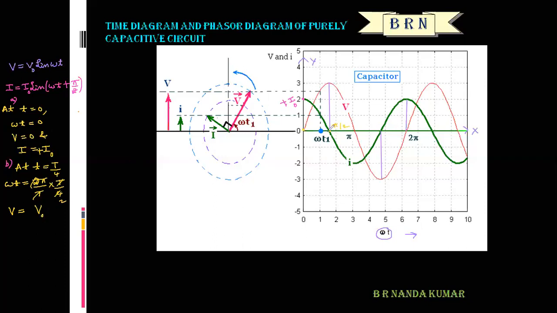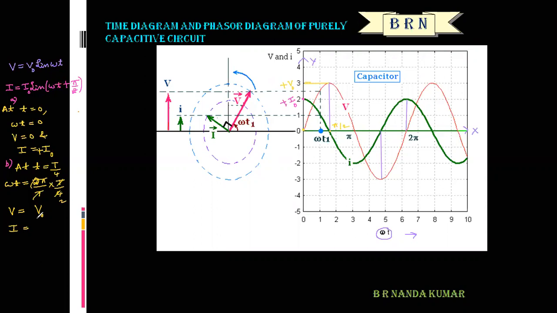So in the second phase, the voltage is maximum, that is plus V naught. Now what is the value of current? I is equal to I naught sine of pi by 2 plus pi by 2, which is sine pi.